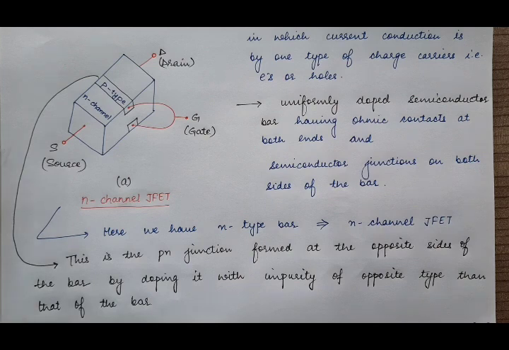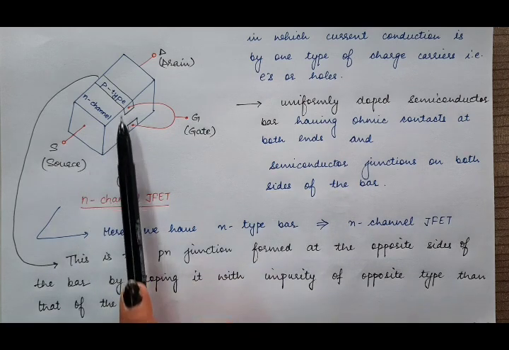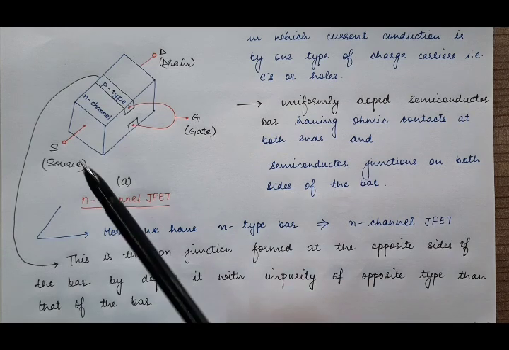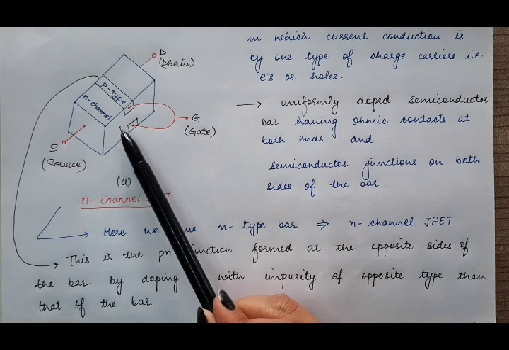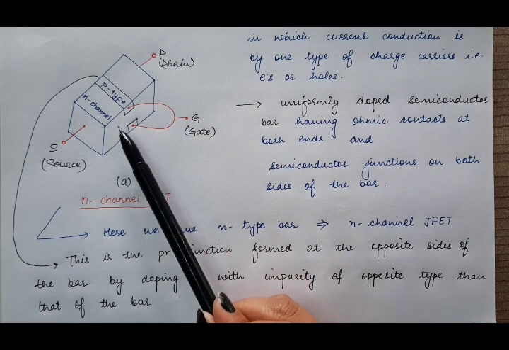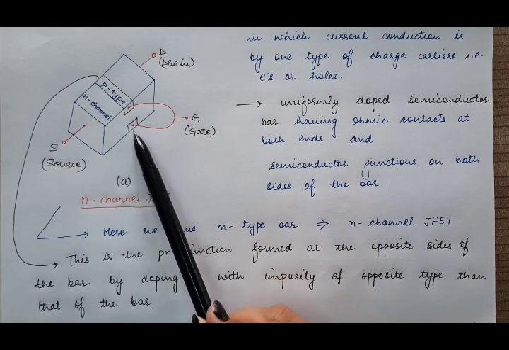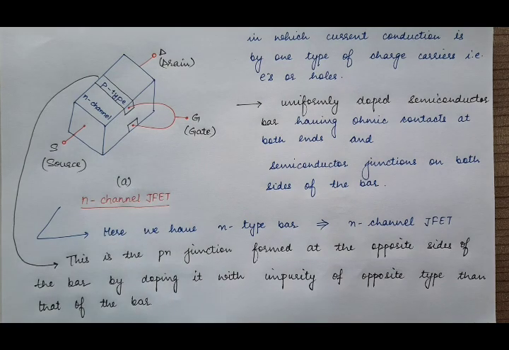So these are the PN junctions formed at opposite sides of the bar. How? By doping the bar with an impurity of the opposite type to that of the bar. If the bar is n-type, the impurity with which you dope here will be p-type.